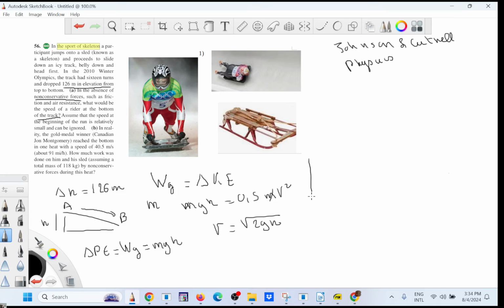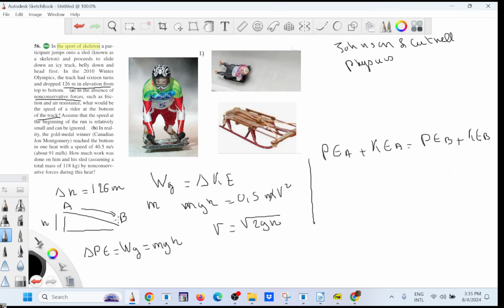Okay? Or you can say that you have conservation of energy. So the potential energy at A plus kinetic energy at A equals potential energy at B plus kinetic energy at B. Okay?